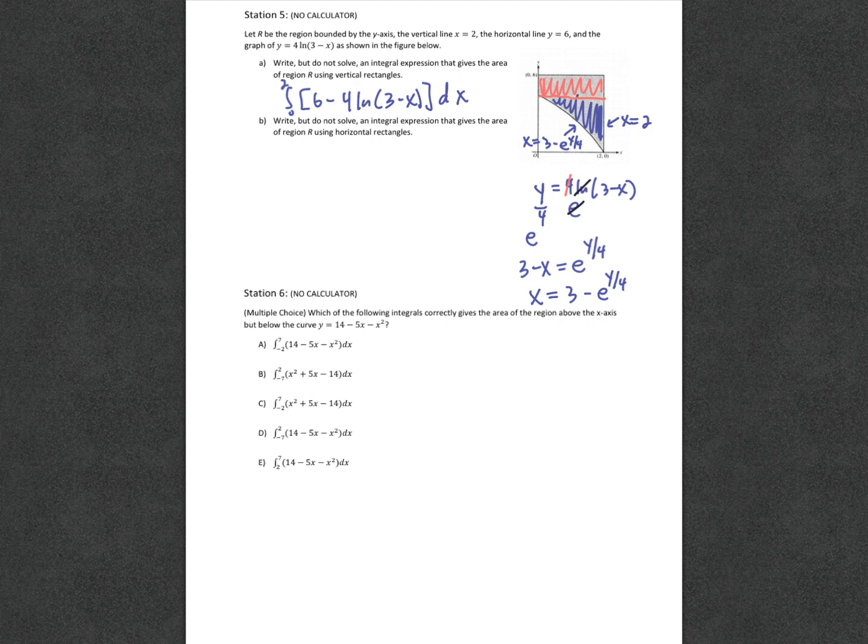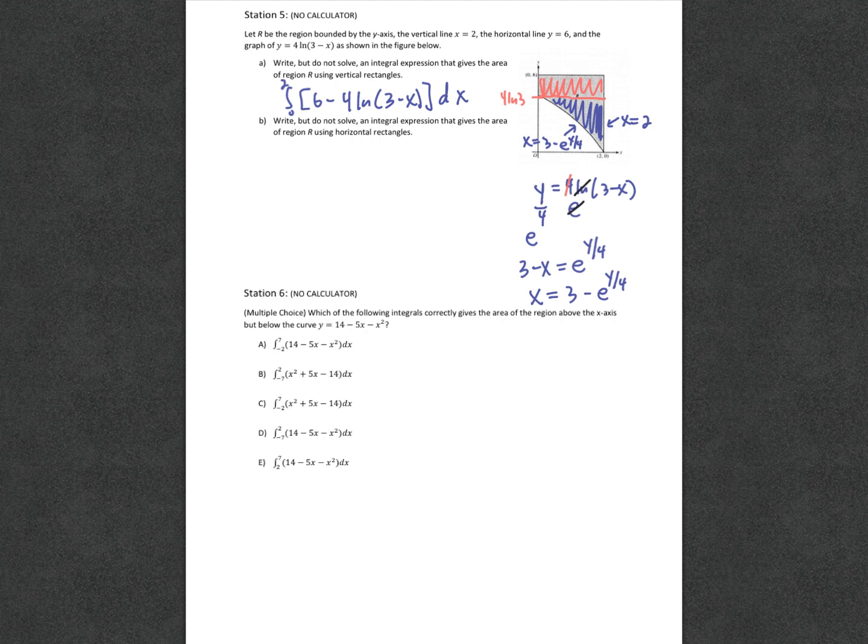If you plug in 0 for x right here, you just get 4 ln 3. Y equals 4 ln 3, and that's this y value here. Okay, so now we can do everything.